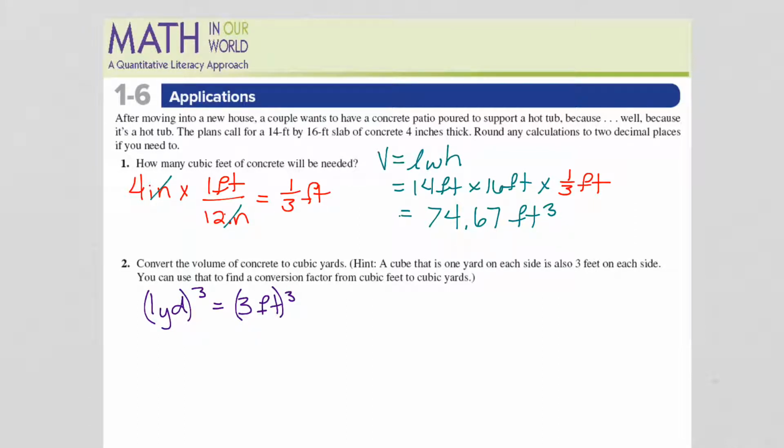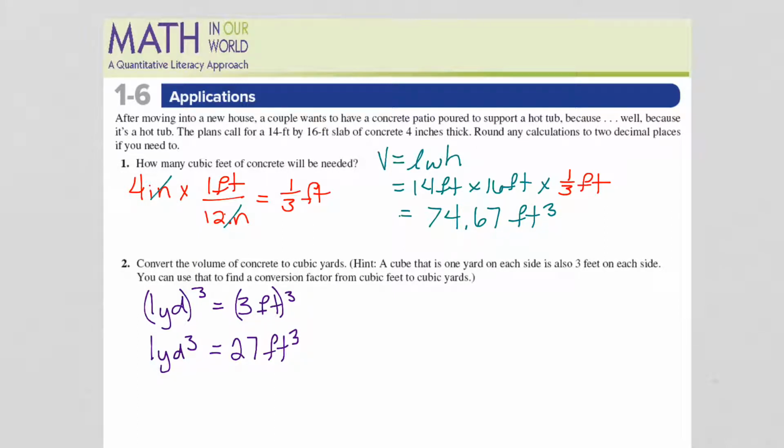Okay? So 1 yard is 3 feet. But 1 yard times 1 yard times 1 yard is 3 feet times 3 feet times 3 feet. Okay? So 3 feet cubed is actually 3 times 3 times 3, or 27 feet cubed.